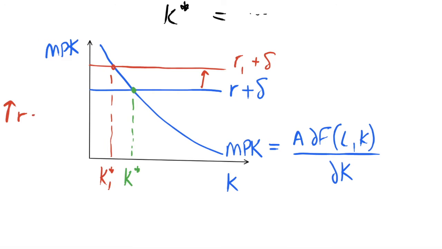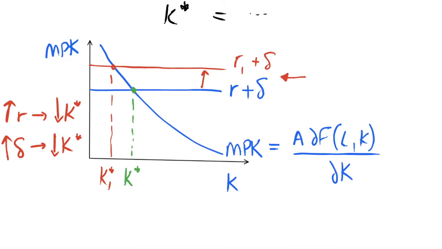So if we increase the interest rate, this is going to decrease our optimal demand for capital. And very similar for increasing the depreciation rate, it's exactly the same thing. If we increase depreciation rate, we're going to be shifting up this curve. So again, increasing depreciation rate will decrease our optimal demand for capital.